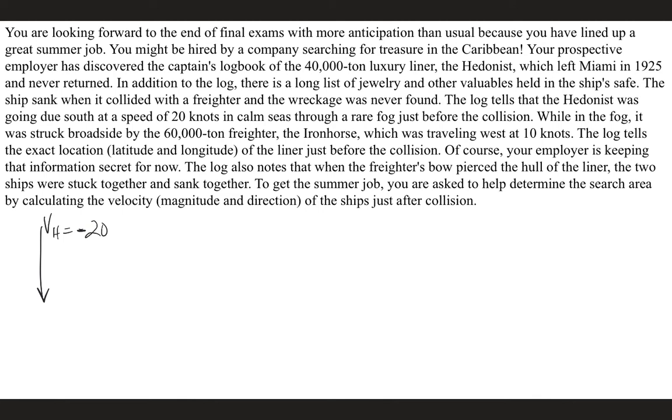It was going south at minus 20, and then the iron side was going west, minus 10 knots or whatever. And then they collided and stuck together as one got lodged in the other, and so that means the final combined velocity would be something off in that direction.